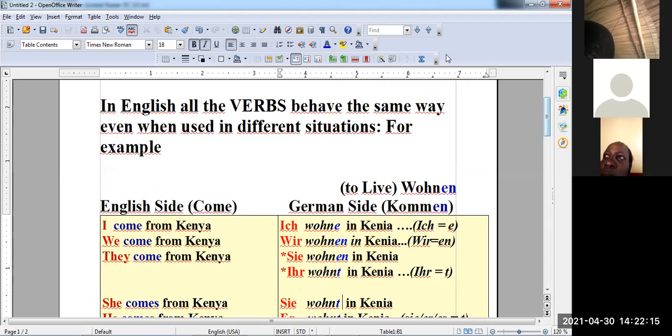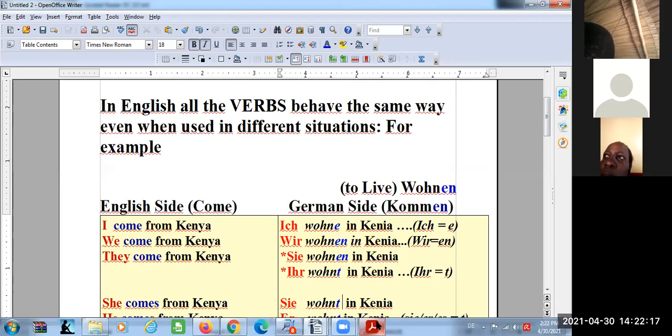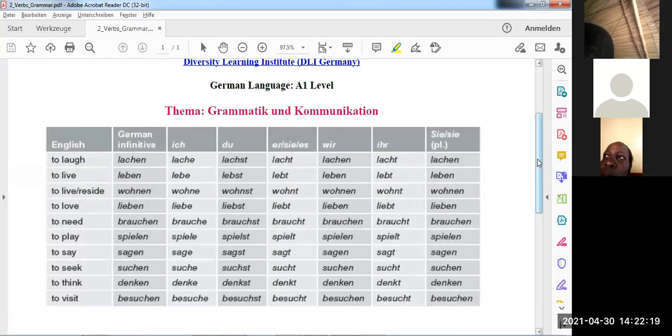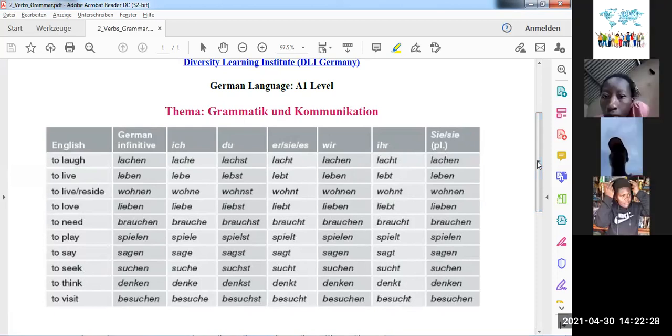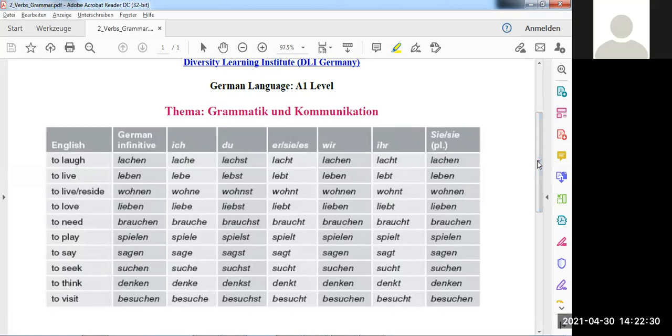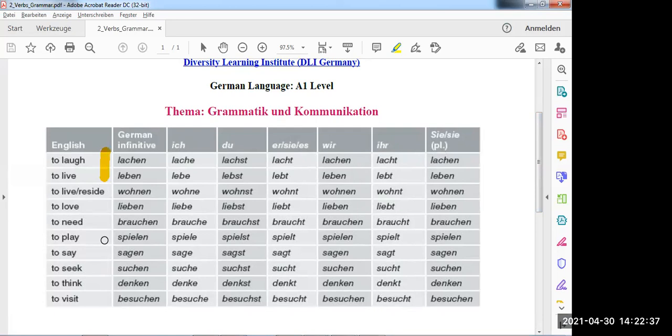Now going back to this table, you're going to see that it is nothing but the same principle I've just used. Just 5 minutes on this table as we close. Here is English, and here is the German verb, infinitive.